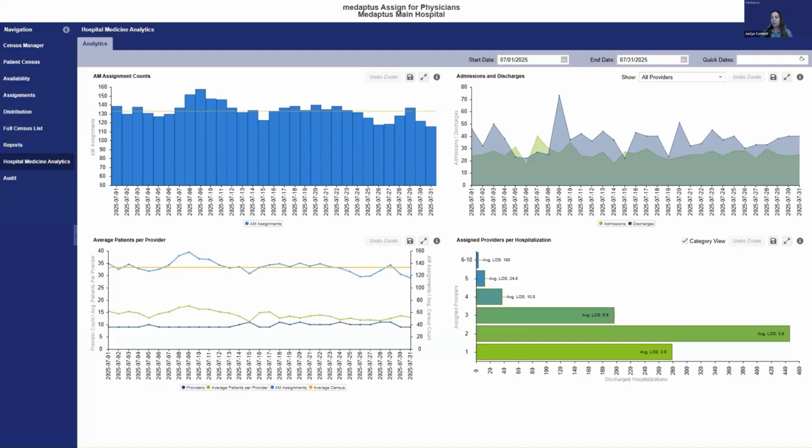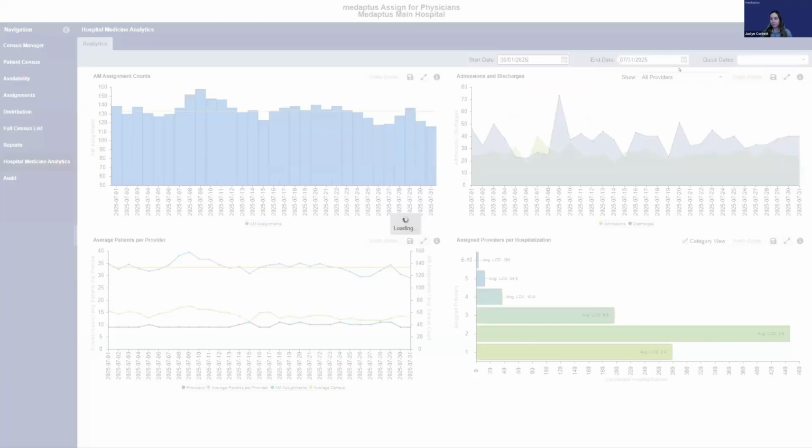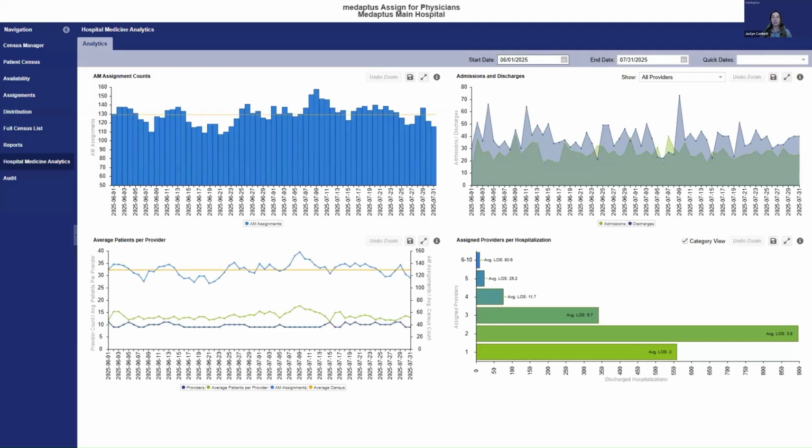And you can do that by using our quick date option. So you can quickly go to your month to date, quarter to date, year to date, or obviously you can just make a custom date range as well. And what this is going to show you is, again, just a bigger range of data, and this is where you're going to really spot those trends.